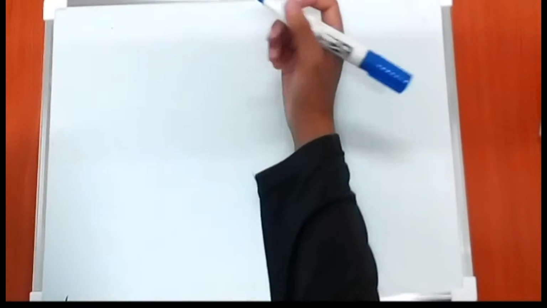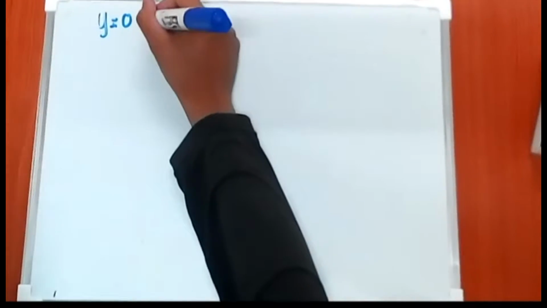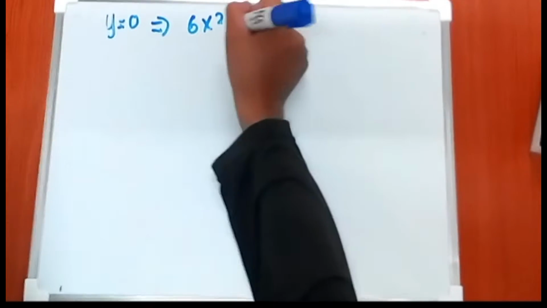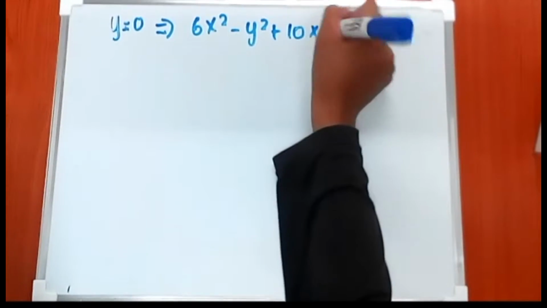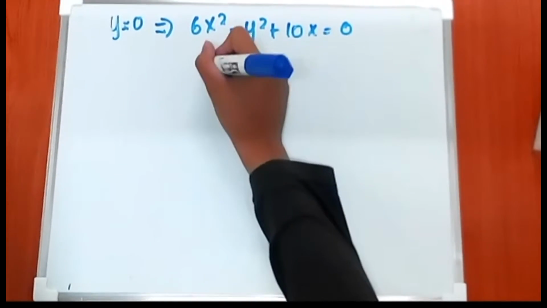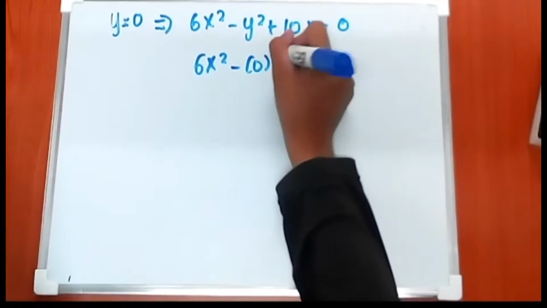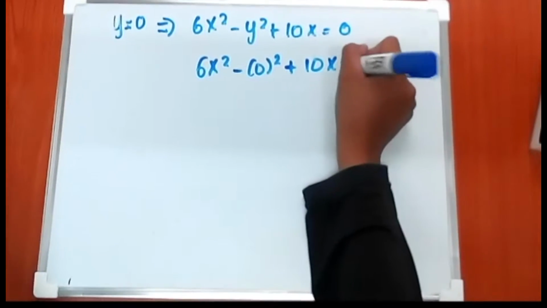Then we substitute y = 0 into our first equation, and it will become 6x^2 - y^2 + 10x = 0. Then we will get 6x^2 - 0^2 + 10x = 0.